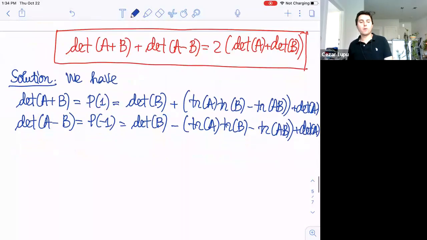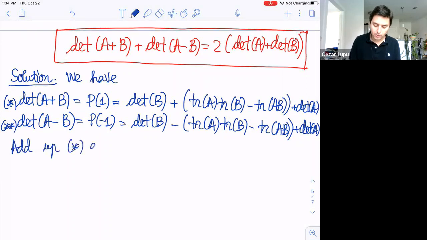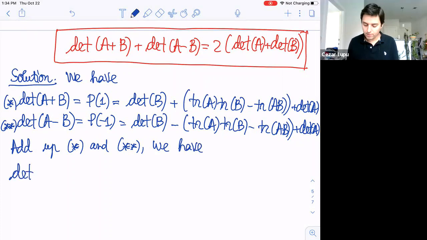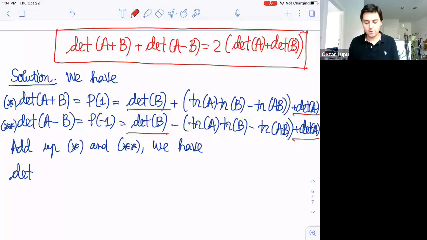So now what are we going to do? We're just going to add these two. Let's say this is star and 2 star. So add up star and 2 star, and we get the determinant of B plus the determinant of A. Look, you have them twice here. But this guy will vanish because you have a negative and a plus.